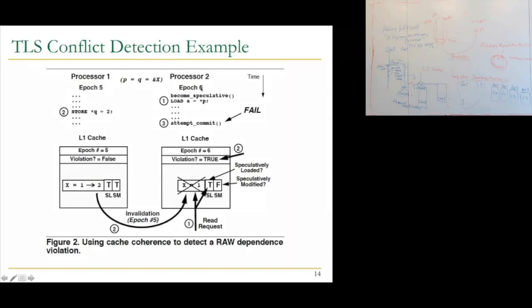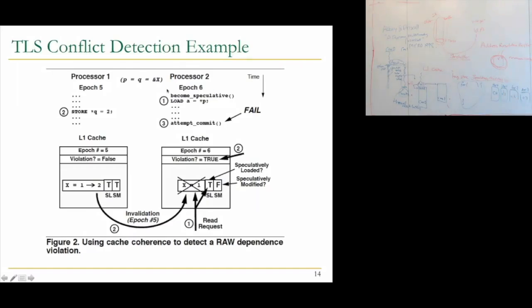Epoch 6 executes speculatively. It basically does a load from this memory location, and once it does the load, it needs to send a read request, and it gets the data cache block in its cache. And there are 2 bits added to each cache block, saying whether or not this cache block is speculatively loaded and whether or not this cache block is speculatively modified, as we've discussed earlier, when we talked about stores and loads and memory communication.